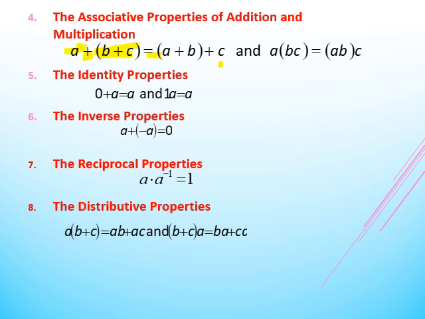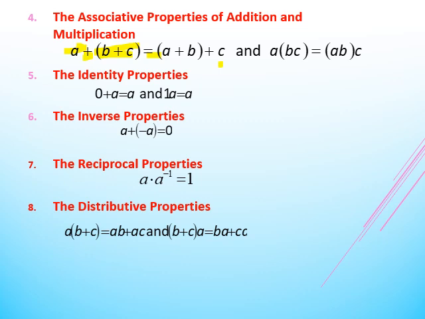Then property number 5, which is the identity property. The identity property says that if we add 0 to any real number, the result is the same number. The same holds for multiplication, but if we multiply by 1: if you multiply any number by 1, the result will be the same number.